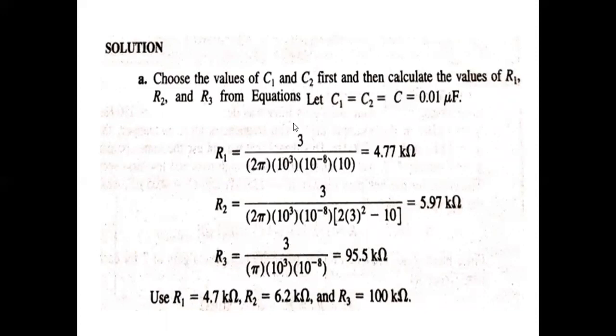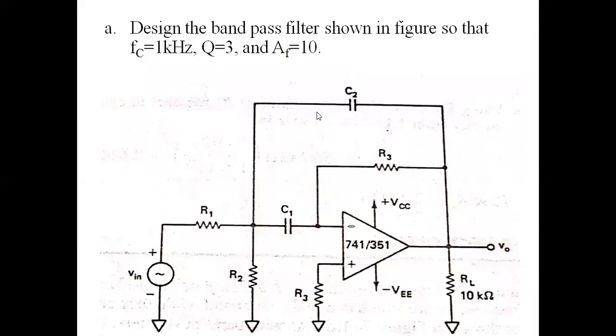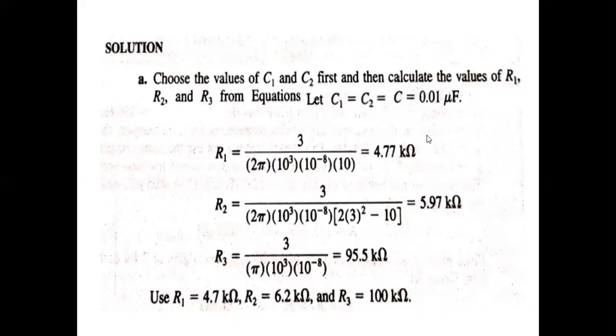R1 is 3 divided by 2 pi into FC, where the value is 1 kilohertz, and the capacitor value 10 to the power minus 8, into the passband gain 10. In this way, we can calculate the value of R1.